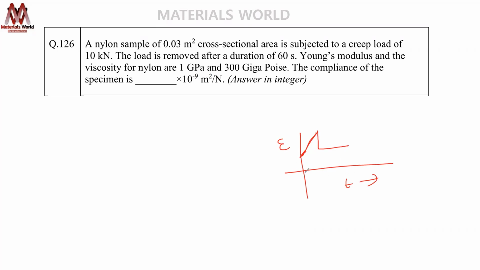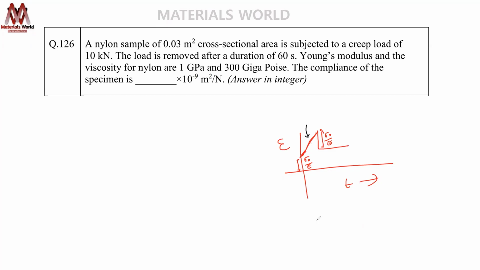That's a very poor estimation. This is the instantaneous strain, and from this to this, this is exactly the same as this, that is, elastic deformation is recovered, and whatever you are getting from here to here, this is coming from your retarded strain.